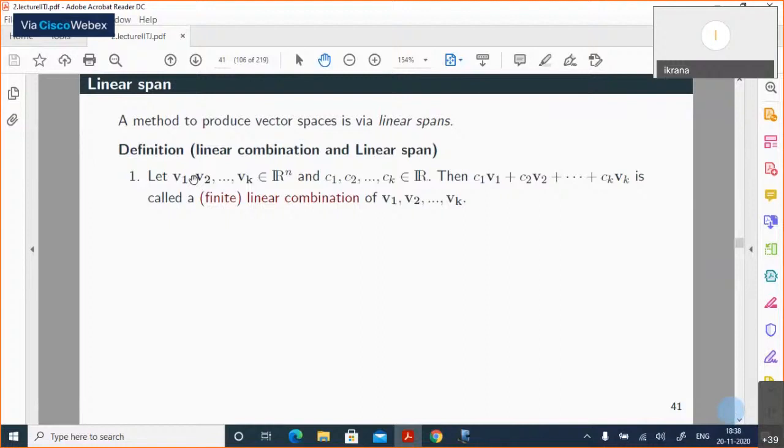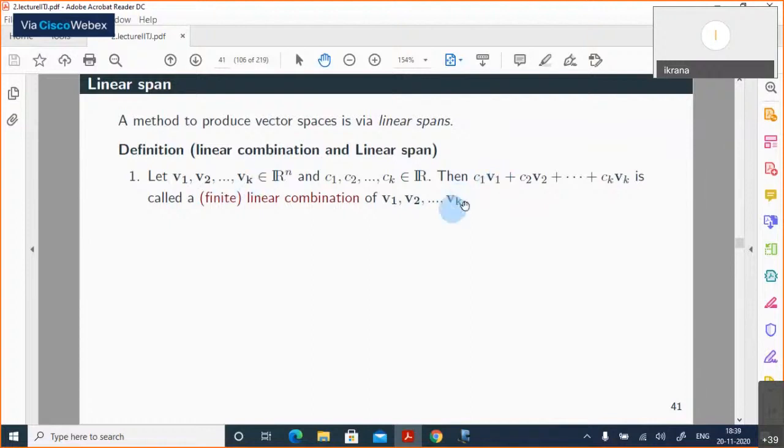So we'll start with the definition: given vectors v1 to vk in Rn and scalars c1, c2, ck in R, look at the combination c1 times v1, which is again an element in Rn, c2 v2, again an element in Rn, and add them all up. That is called a finite linear combination of elements v1, v2, vk in Rn.